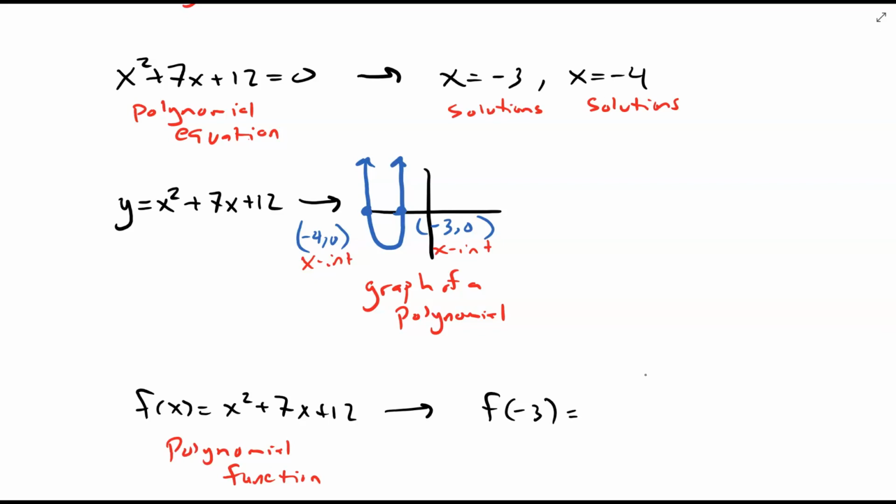Exactly right. What value am I going to get when I do that? It's going to give me 0, right? Because I know the solution to the equation x squared plus 7x plus 12 equals 0 is -3. So if I plug -3 back in, I should get 0, right? Similarly with f of -4.